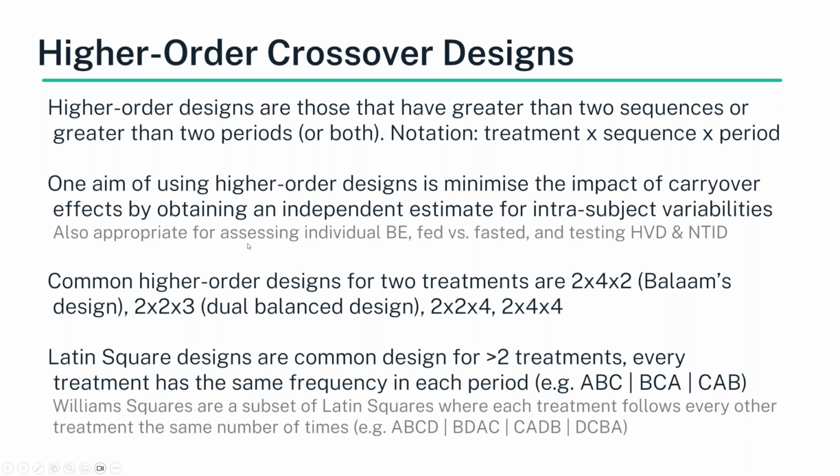Each of these represents a sequence, and in each sequence, it's indicating which treatment is being administered in each period. And so with this design, you can see here that treatment A, B, and C are all being assessed in period 1. Treatment A, B, and C are all being assessed in period 2, and then treatment A, B, and C are all being assessed in period 3.